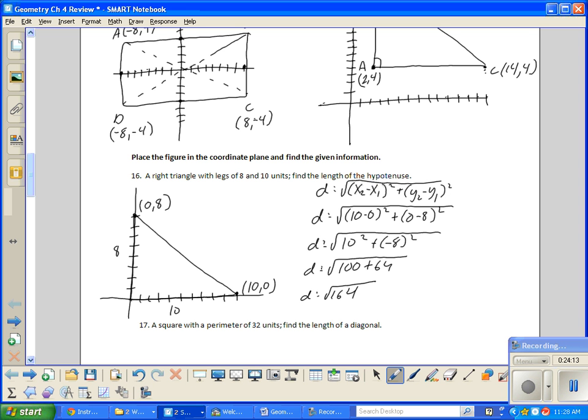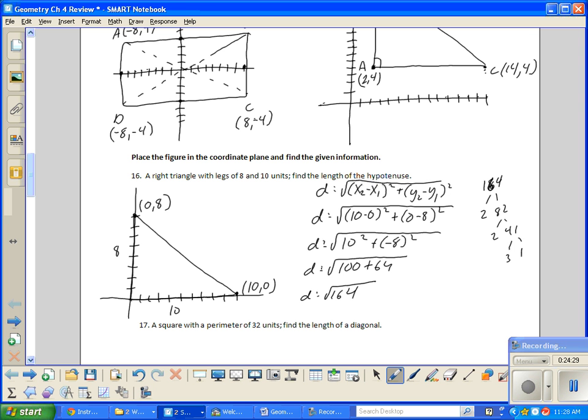So d equals the square root of 164. And we can simplify that a little bit if we want. 164, break it down as 2 and 82, which is 2 and 41.